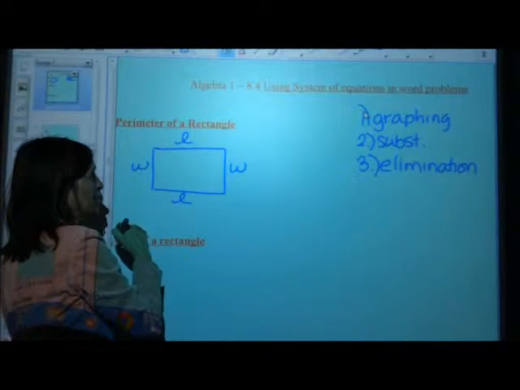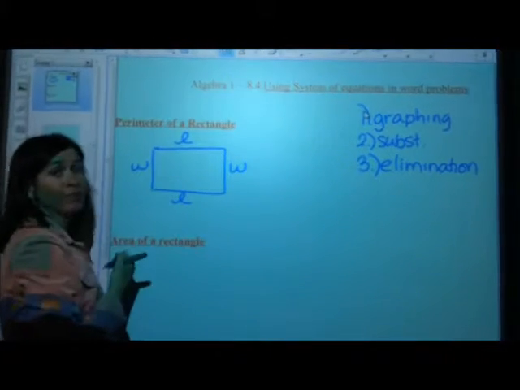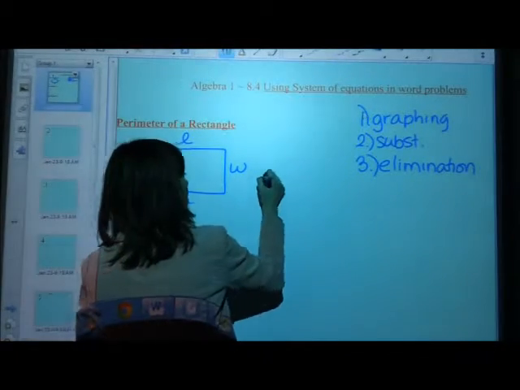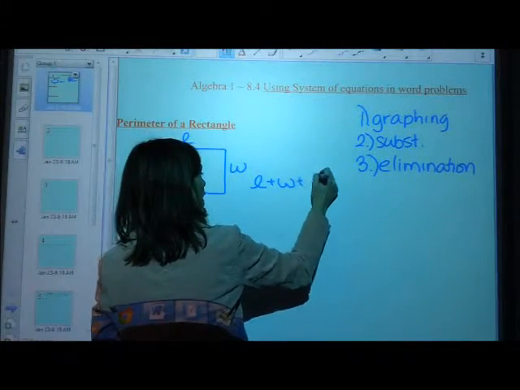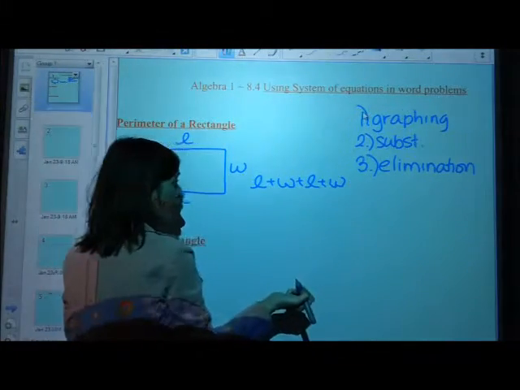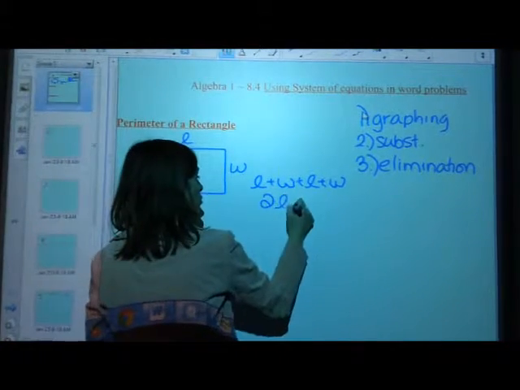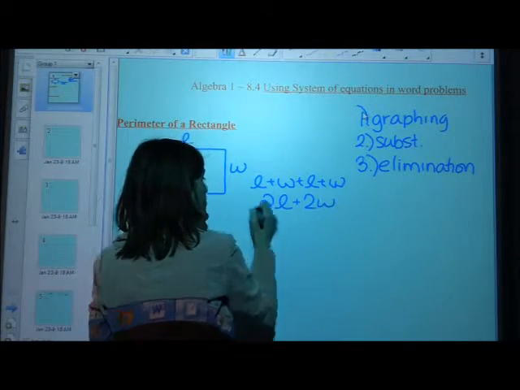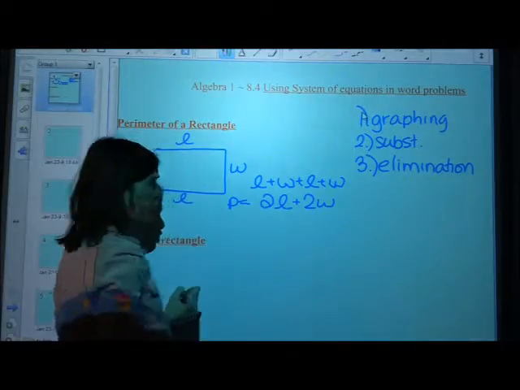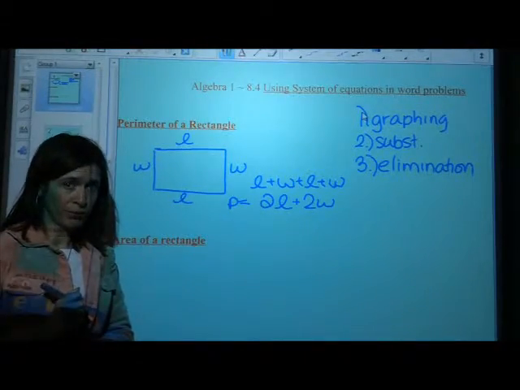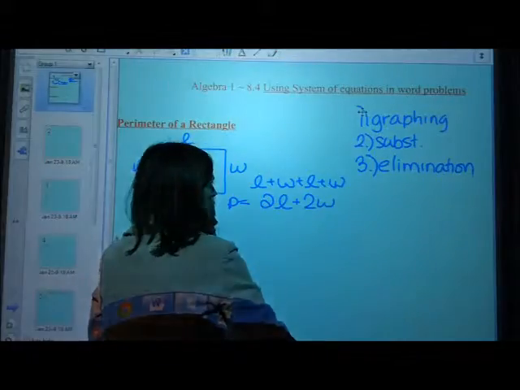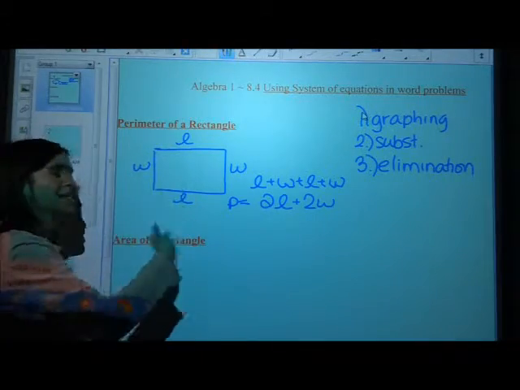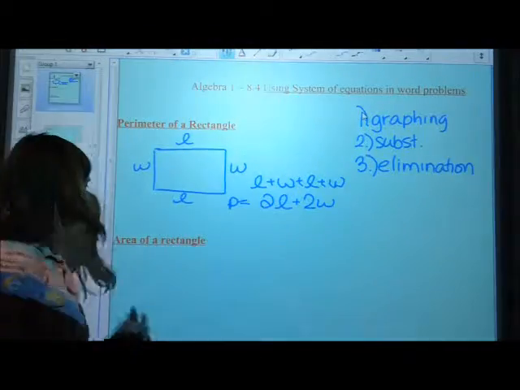So if I were to ask you to find the perimeter of this particular figure, you would do L plus W plus L plus W. We could combine like terms. So the formula for the perimeter of a rectangle is 2L plus 2W, okay? It's going to be helpful when we're doing some of these word problems. These are just things that you should know from a previous course.